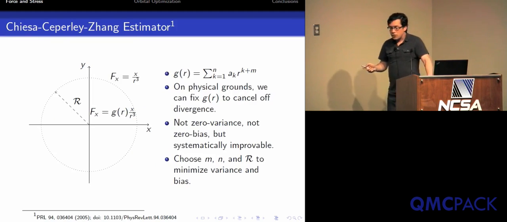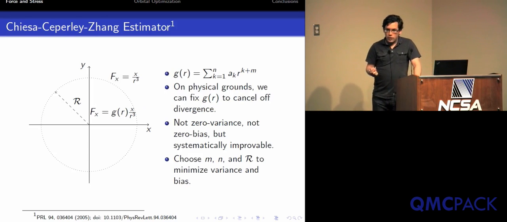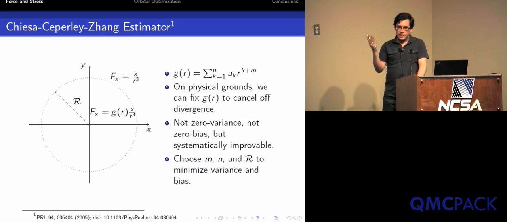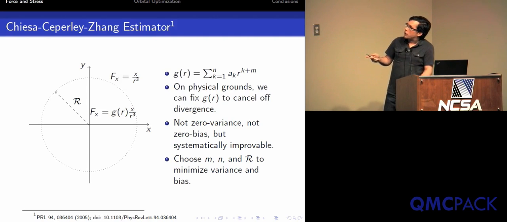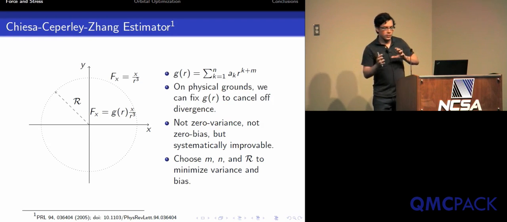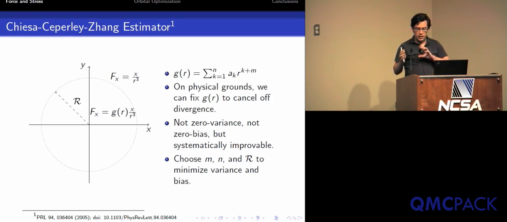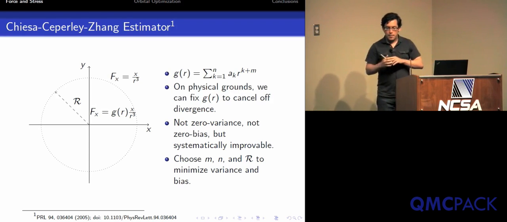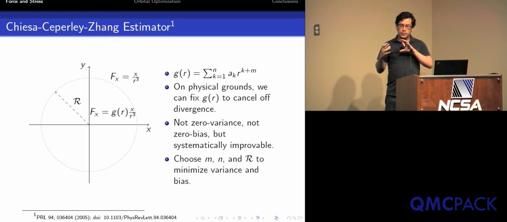So there are several tricks. The one that is in the code was pretty much invented by David and collaborators, which identifies the source of the divergence in QMC, which is basically the S wave component of the density, the spherically symmetric part.